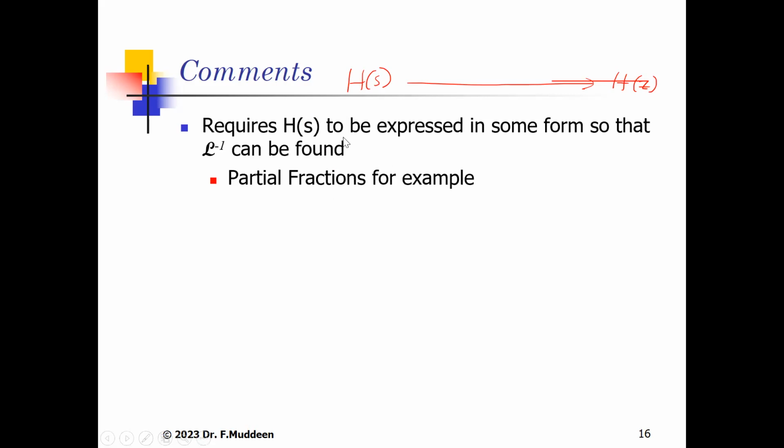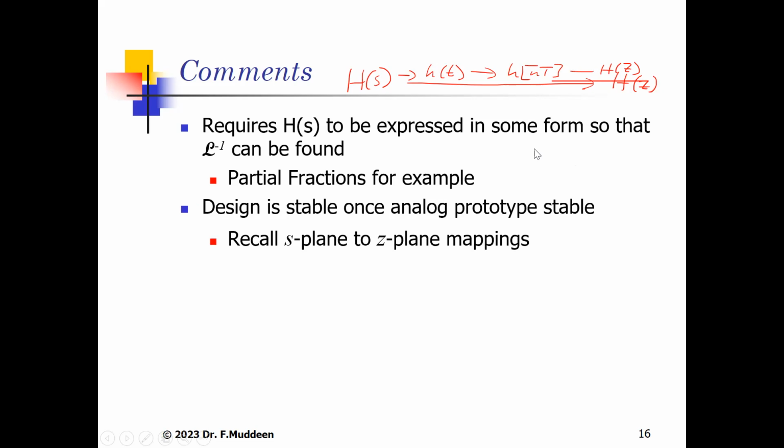That, of course, requires that H(s) can be expressed in some form that you can find an inverse transform, because what you're doing is going H(s) to H(t) to H(nT) to H(z). So once you're given the H(s), you have to get it in some form that you can find the inverse transform. You have to be able to put it into things like partial fractions. In partial fraction forms, you can do that.